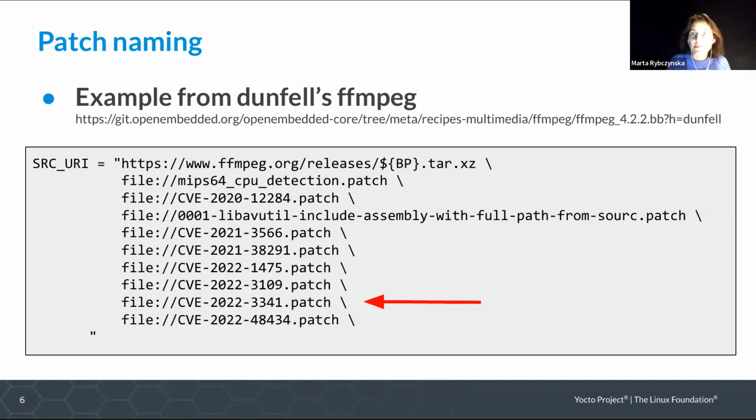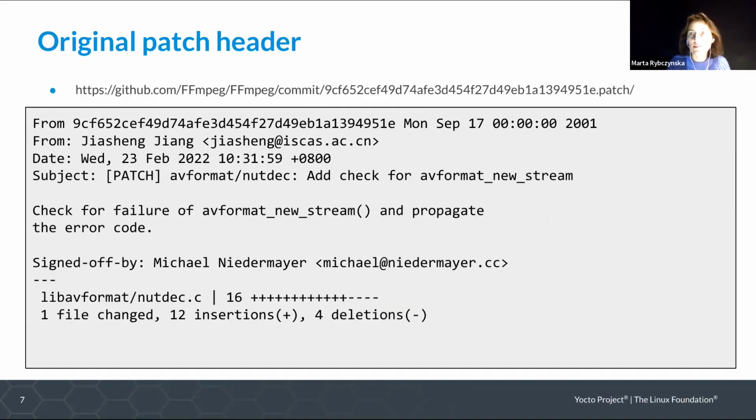In this case, we start from the original patch, from the original fix. How did we get the original fix? By multiple sources, looking into the NVD database, looking into the CVE database, looking into discussion when the fix has been released. There are many ways to get that information.